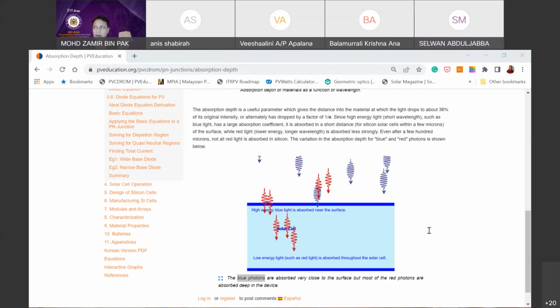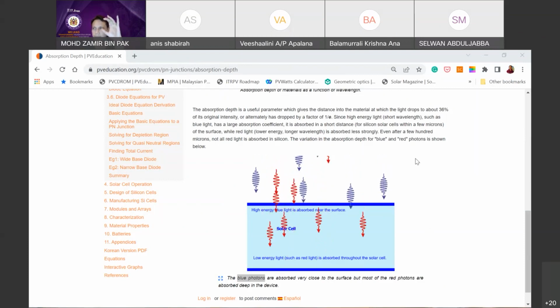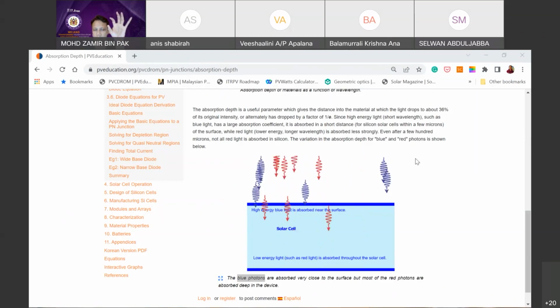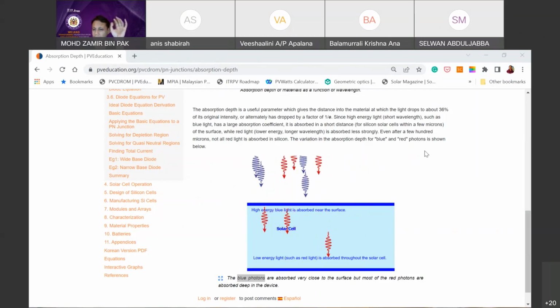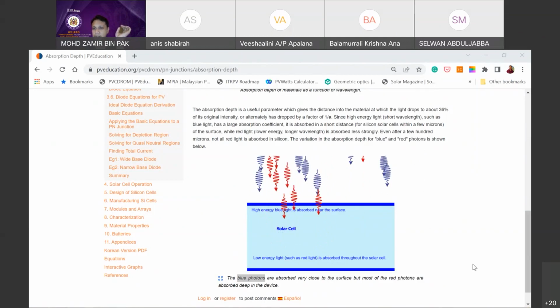If you're talking about a perovskite, for example, which has a very high alpha value, you can already absorb most of the light or most of the photons with a very thin thickness. But if you're talking about 100 nanometer, then you can absorb a lot but not complete. And that's why optical strategies come in the design of solar cells.